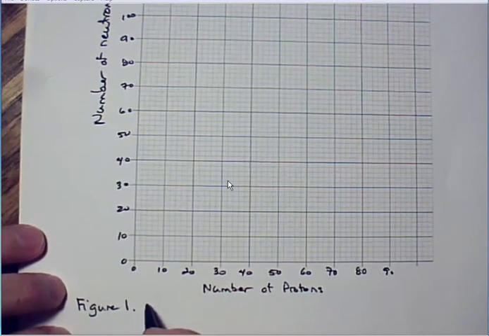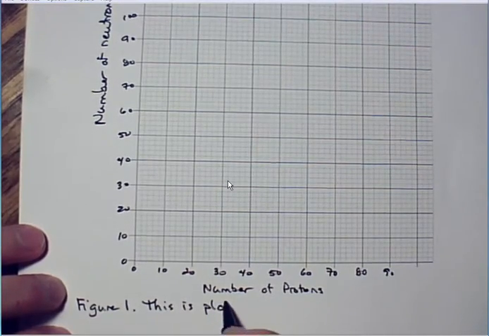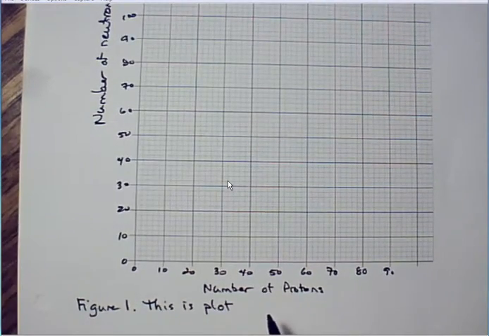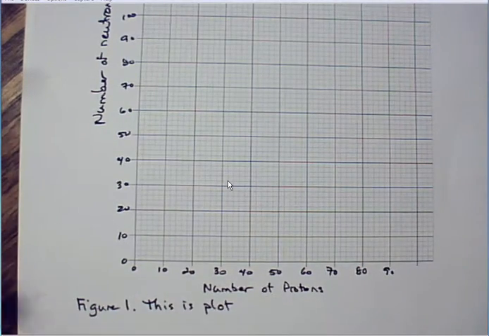So we could say it this way. This is a plot. Technically it's not a graph because we don't have bars, don't have circles, don't have best fit lines, anything like that.